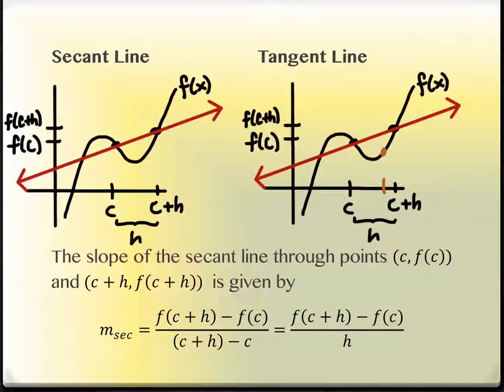Could I draw a secant line through those? Sure could. In fact, I'll draw it right now just for the sake of the picture. Obviously, the secant line looks different for that one. It looks almost like that, right? Because the points are closer together. They're on a different part of the curve. But what if I let the point get even closer? Well, now maybe I'm right here, my blue point.